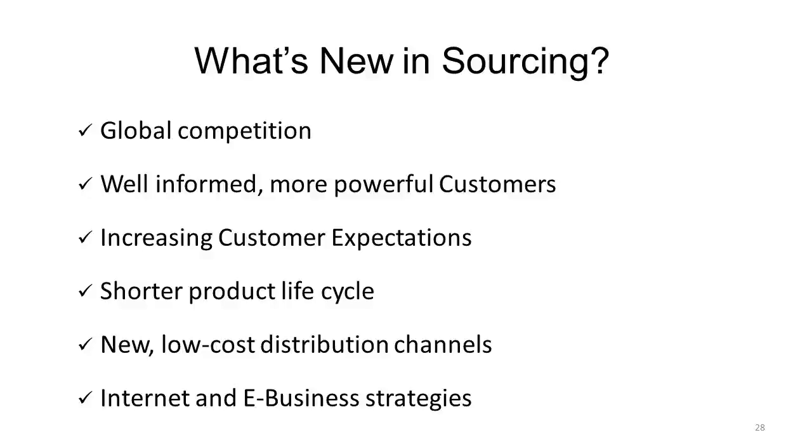And then of course the latest in sourcing is new low-cost distribution channels. So today, if you see the distribution channel of Amazon, they have huge warehouses, and from the warehouses they simply send individual goods using the courier, and then the last mile delivery is done by the guy who rides a cycle, not even a motorcycle.